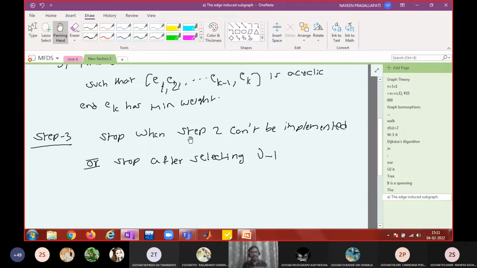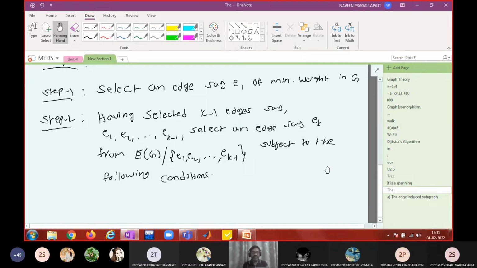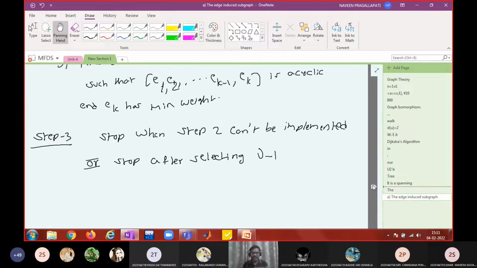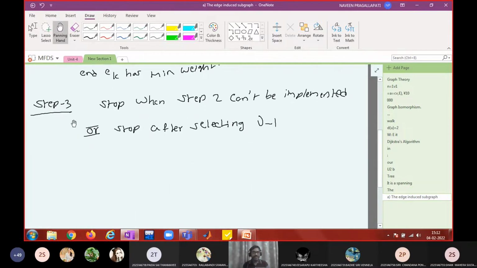So this case will not come into picture if our G is a connected graph; it comes into picture only if our graph is just a graph. If I say connected, I don't think this is necessary. You can erase this.